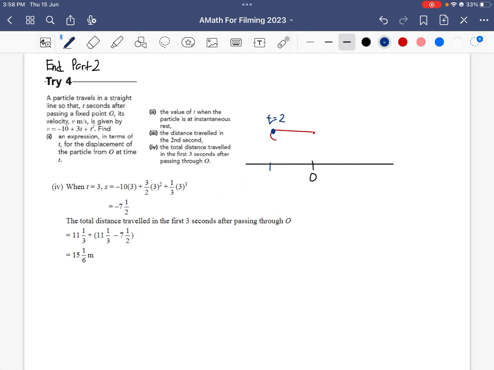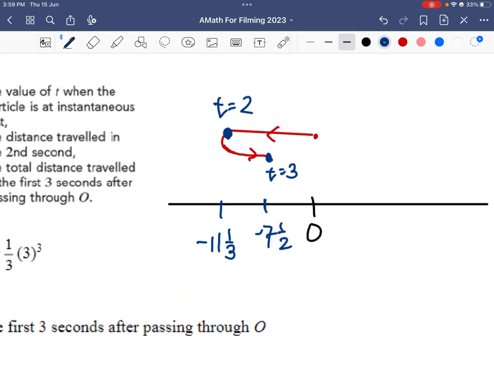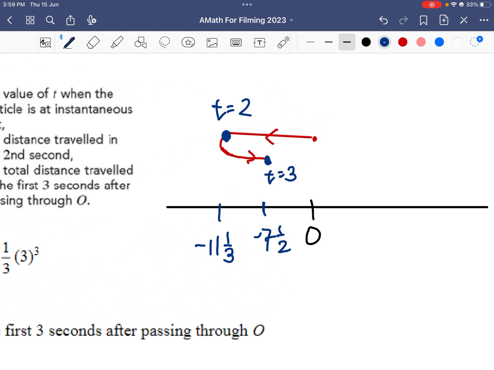This distance here is negative 11 and 1/3. Then at 3 seconds it is at negative 7.5. So the particle continues moving until this point, which is t equals 3. You can label here negative 7.5.